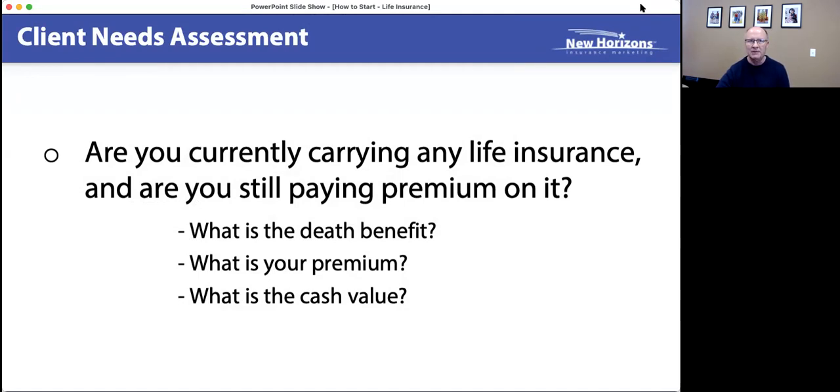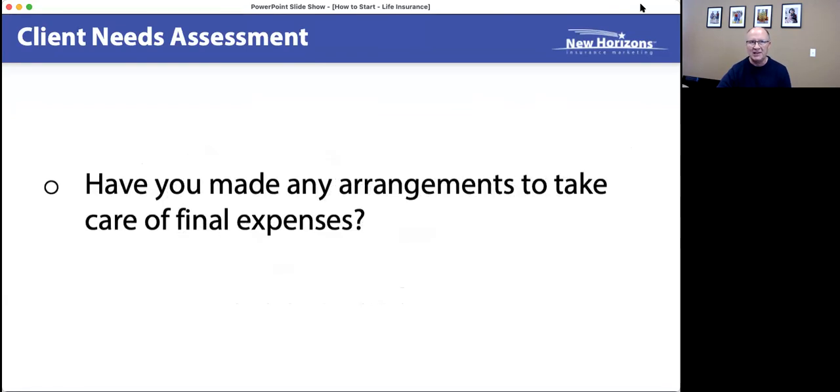You can spin different things off of that: whether they're still paying premium on this particular policy, what the death benefit is, and what exactly the premium is. A little more advanced, perhaps, would be the cash value. There might be a cash value if it's not a term policy.